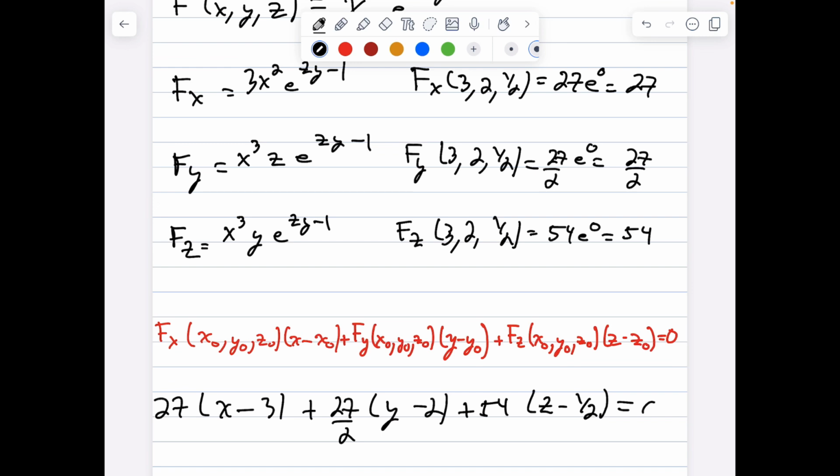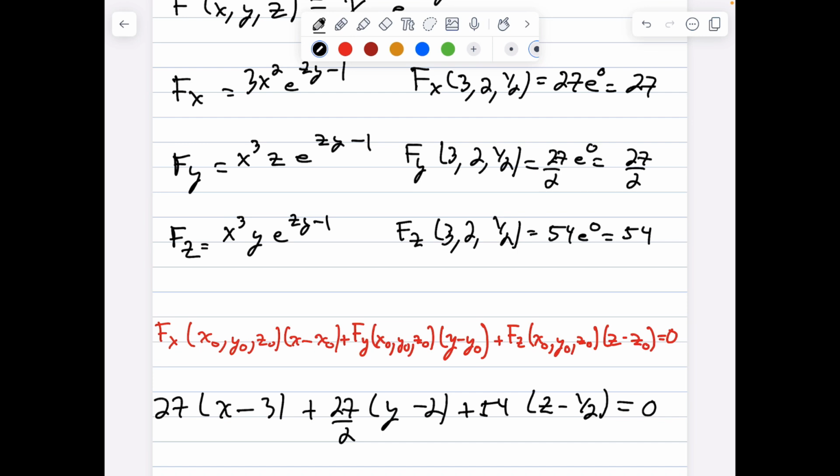That would all equal 0. Now, you are obviously more than welcome to distribute the 27 halves and the 54 respectively and simplify this equation out, but I'll just leave it as is, okay?